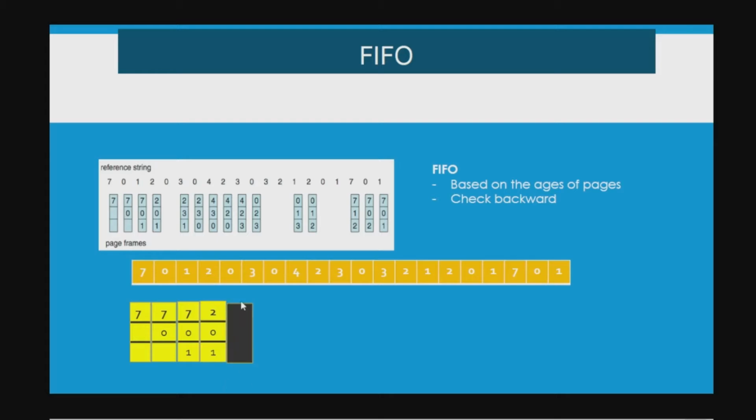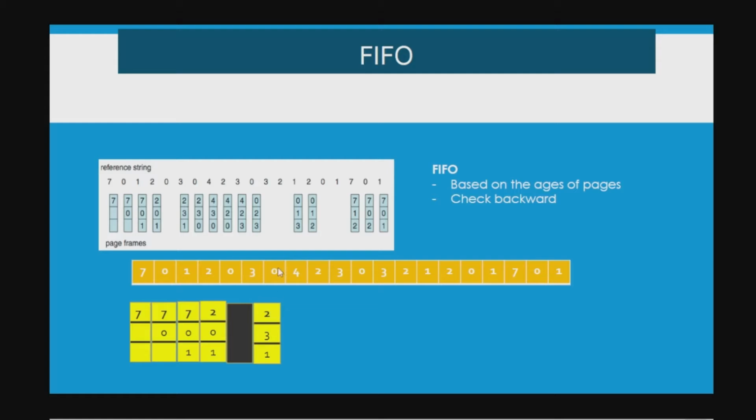Next is 3. 3 is not a resident, so you need to replace. How to replace? You check back here and find the oldest page. 0 is the oldest page, so you replace 0 with 3. Now you will have 2, 3, 1.